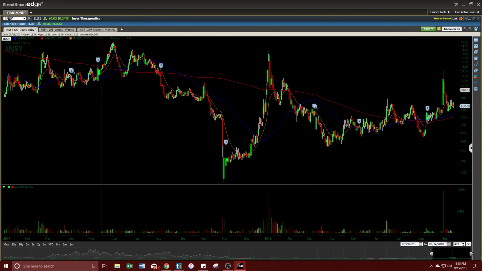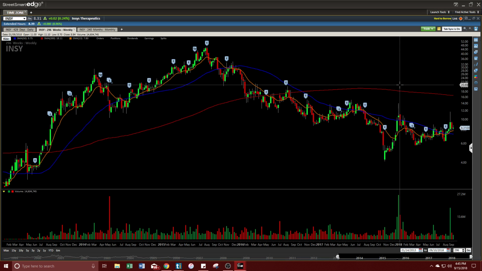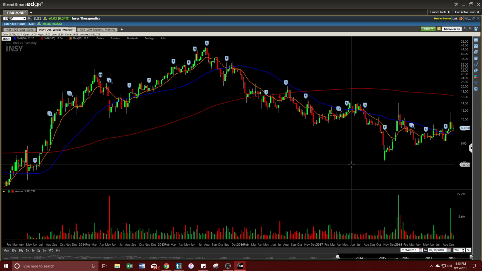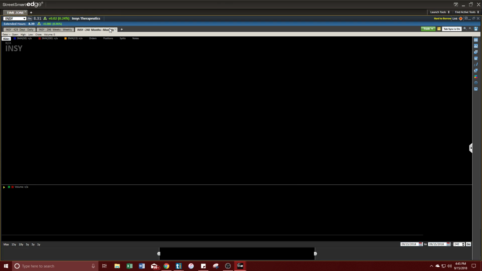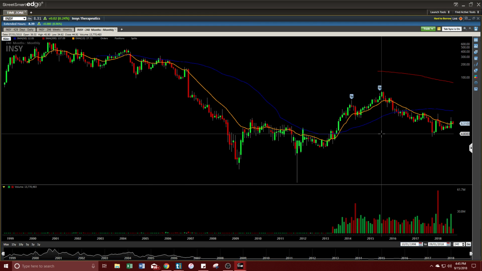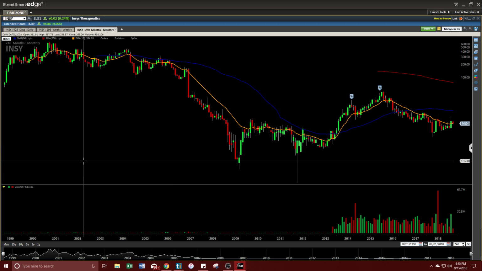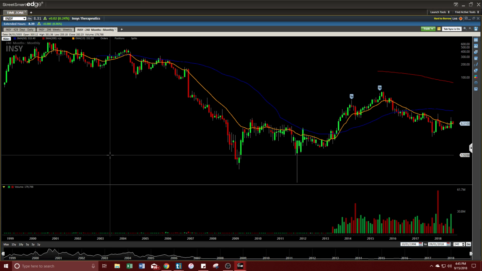But I also don't want to predict anything. I hate trying to predict what stocks will do. Also looking at different time frames, the monthly, the weekly, look at the bigger picture and then just slowly work your way in.